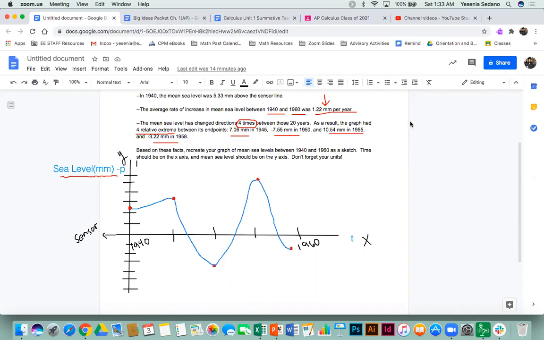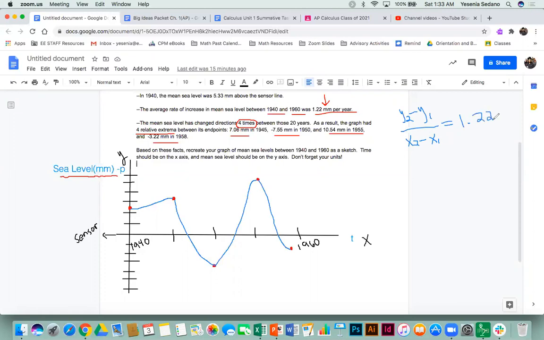Let me just write down the slope formula again: y2 minus y1 all over x2 minus x1. And I know that slope, according to what they gave me, the rate is 1.2 millimeters per year. So it's 1.22. I'm just going to write that down.